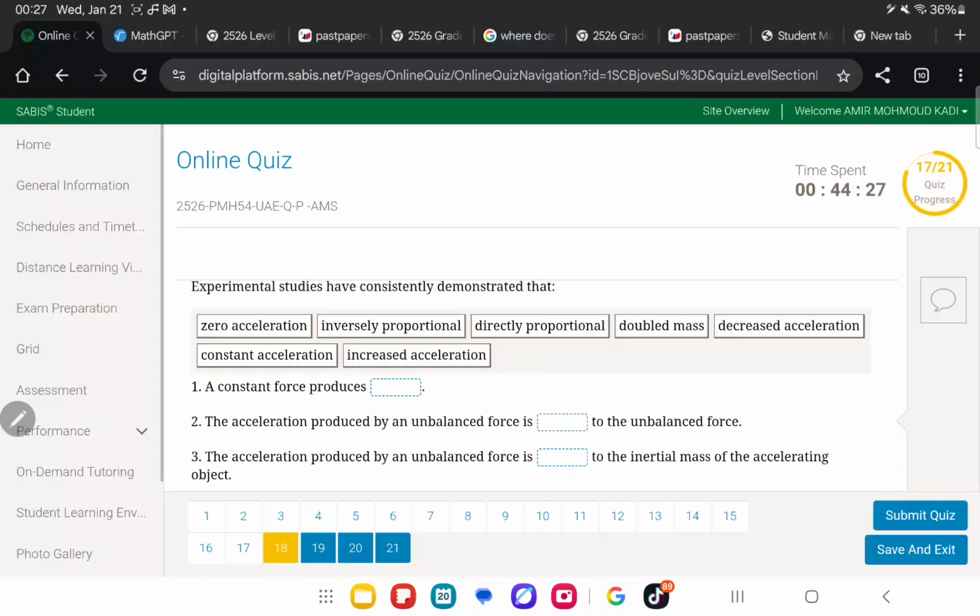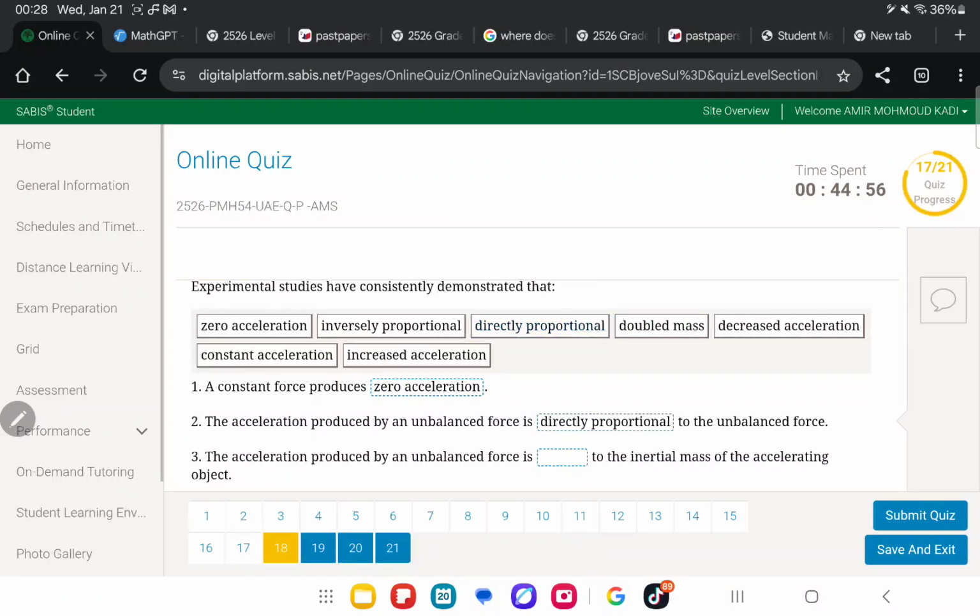A constant force produces, let's see, zero acceleration. The acceleration produced by an unbalanced force, or simply by any force, you should understand that force is always directly proportional to acceleration.